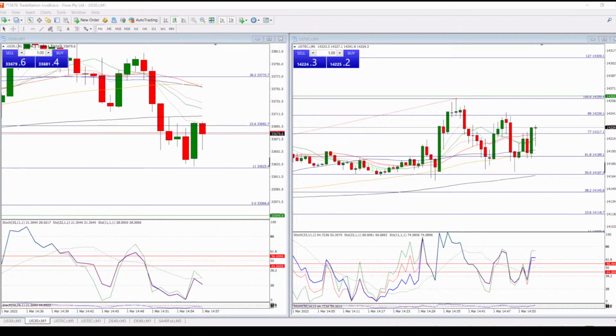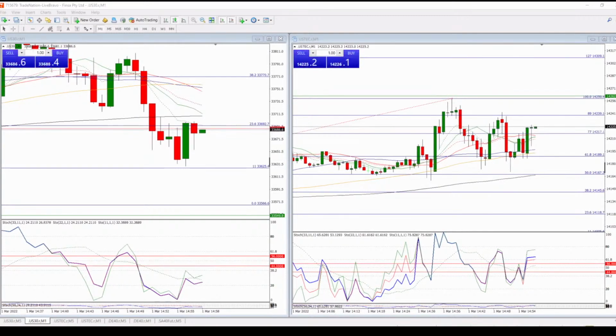Still watching that stochastic up to 50 on the Dow. Hasn't triggered yet.